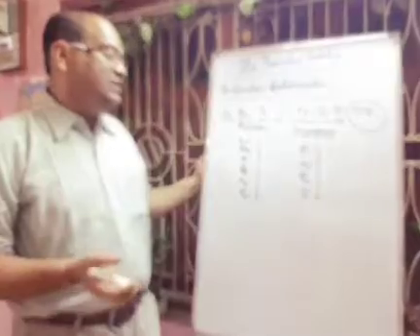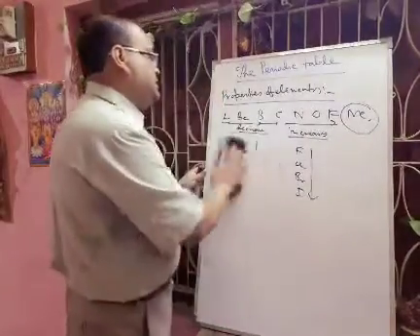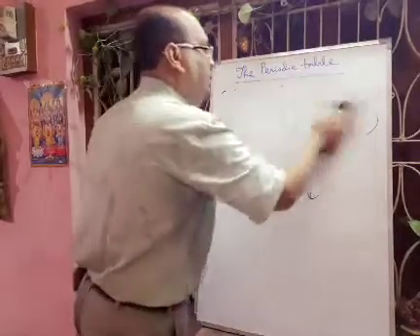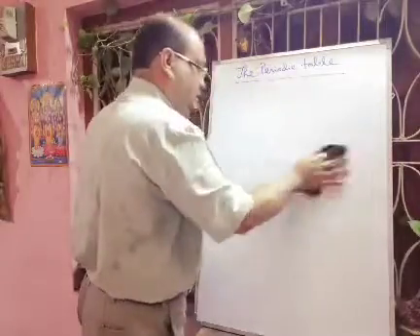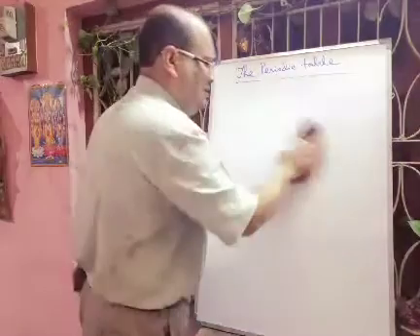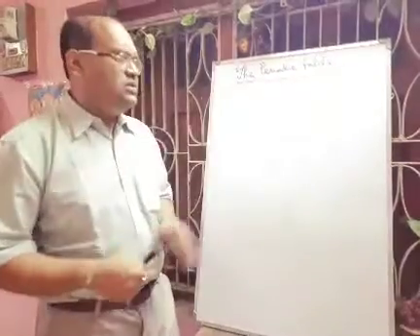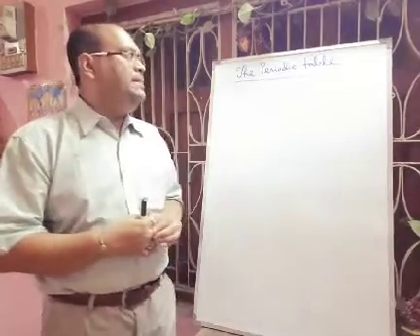Hope you can understand. Other periodic properties are there, that is ionization potential, electron affinity, electronegativity. We are not discussing those, and you have to read these again in class 10. In the class 10 syllabus you will start from the periodic properties. Hope you can understand what I am telling.